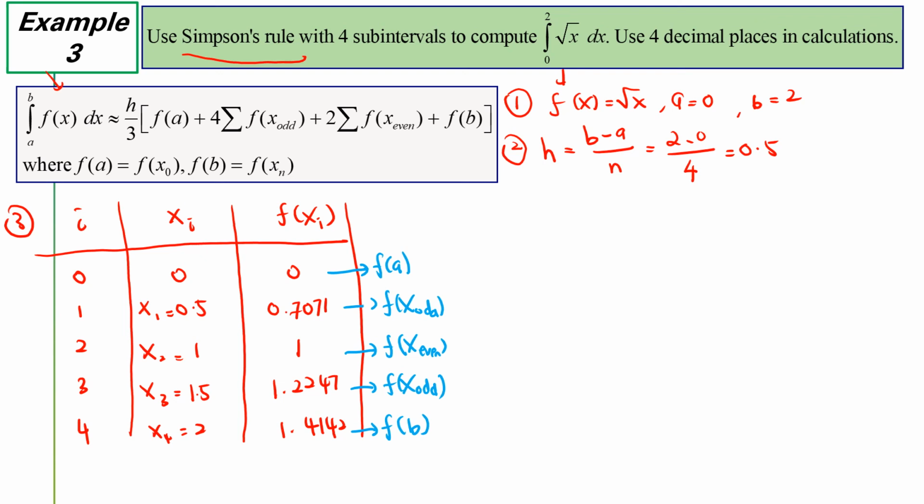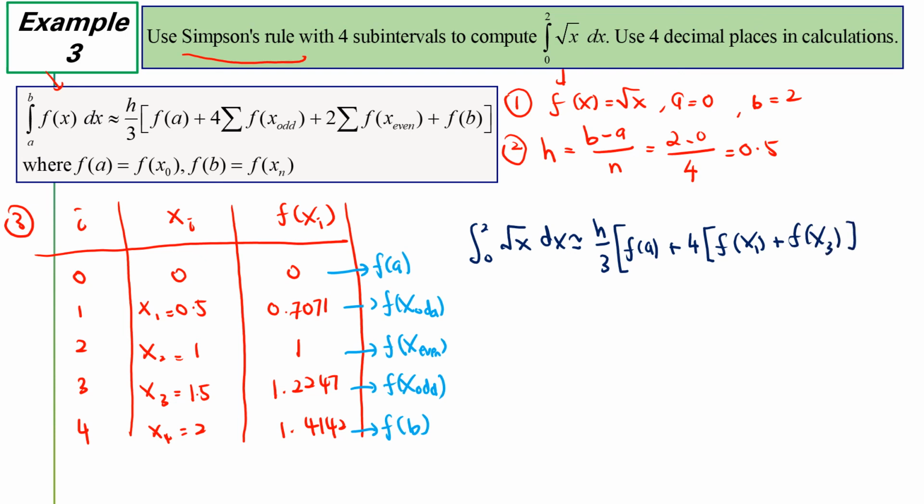So the integral from 0 to 2 of the square root of x dx is approximately h over 3 times f(a) plus 4 times the summation of f(x odd), which here is f(x1) plus f(x3), plus 2 times the summation of f(x even), which here is f(x2), plus f(b).